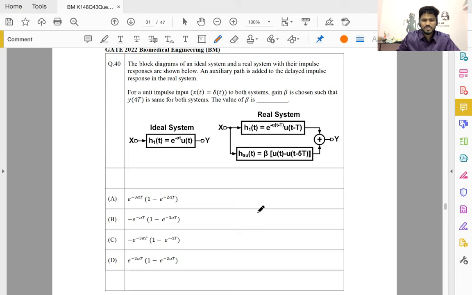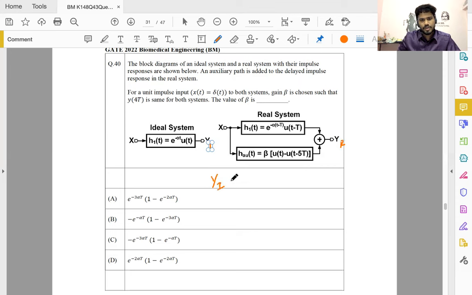But if you avoid that Laplace transform route, things are in the time domain. You are trying to find an equality in the time domain at 4t to be the same. Stay in the time domain. Notice, let's call this yi and this yr.